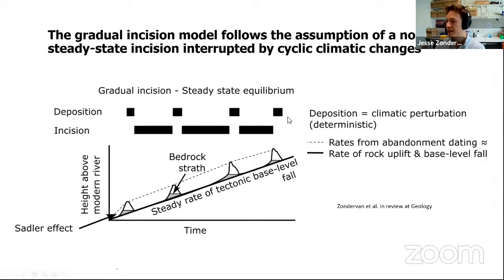In this case, you can use single dates from abandonment of the terraces, say from cosmogenics or even OSL from the top of the terrace, and come up with rates from abandonment dating that approximate the rate of incision by the river, as well as the rate of base level fall, in this case the uplift rate.